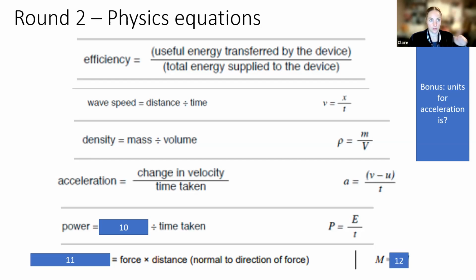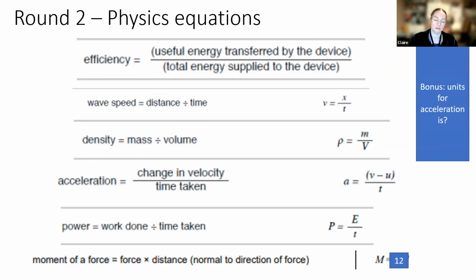That is linked to also something in biology. So next one, number 10, power is your work done divided by time taken. And 11, what is force times distance? That's moment, I've got momentum on the brain. Moment of a force. And then number 12 is FD, so F for force, D. And then bonus, units for acceleration.